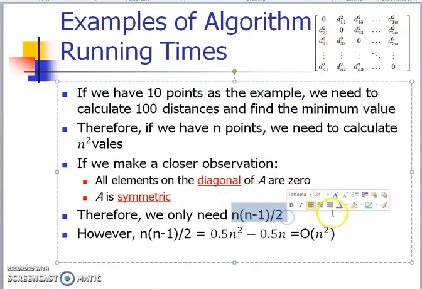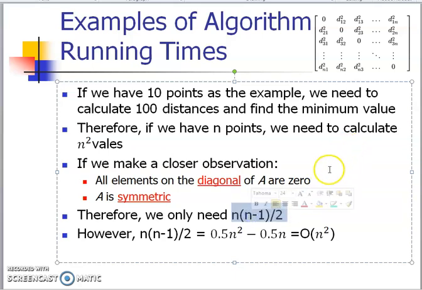In fact, in reality, instead of 100 points for a 10 points example, we only need to calculate 10 multiplied by 10 minus 1, because the diagonal values are all 0, and then only half of that needs to be calculated. So this is actually how many distances we need to calculate.